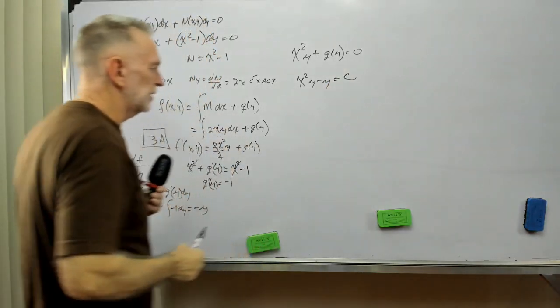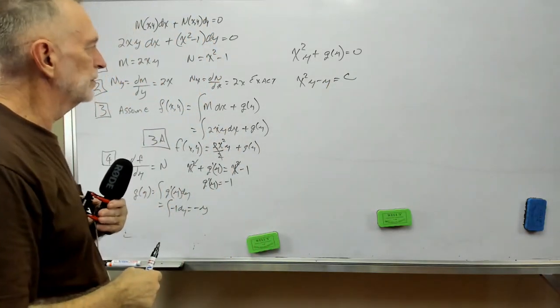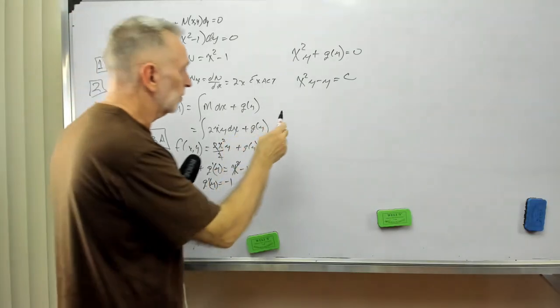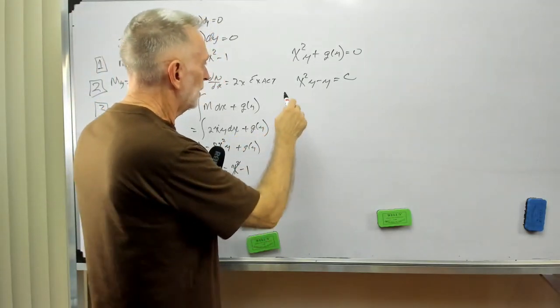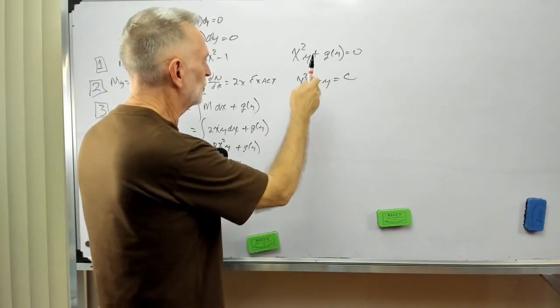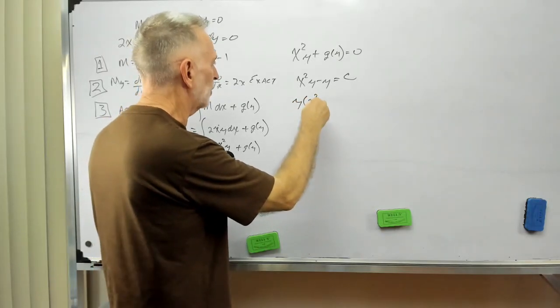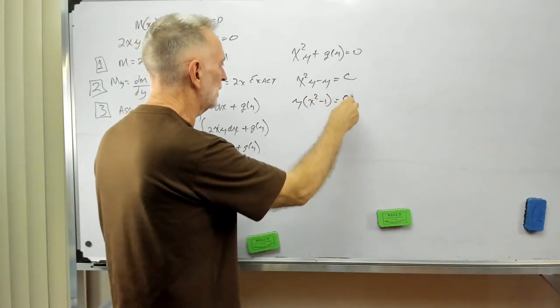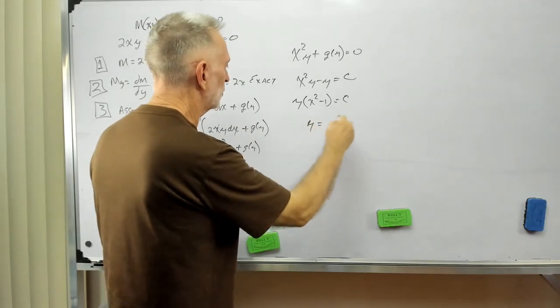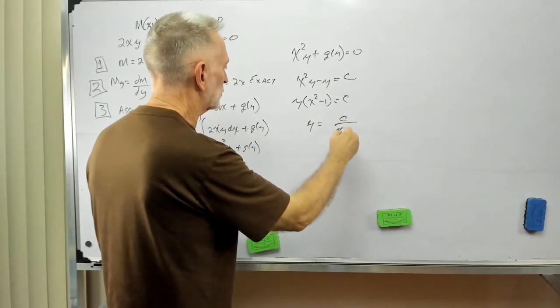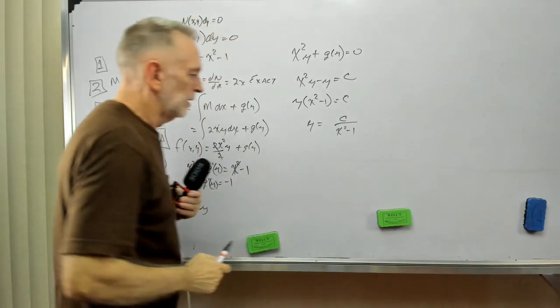We'll just call it c, my constant of integration. Now if I'm trying to ultimately get y equals something, I can factor out y: y times x squared minus 1 equals c. So y equals c over x squared minus 1.